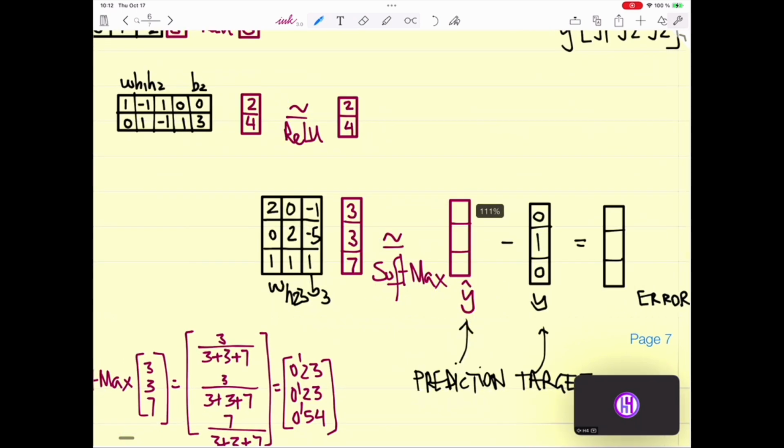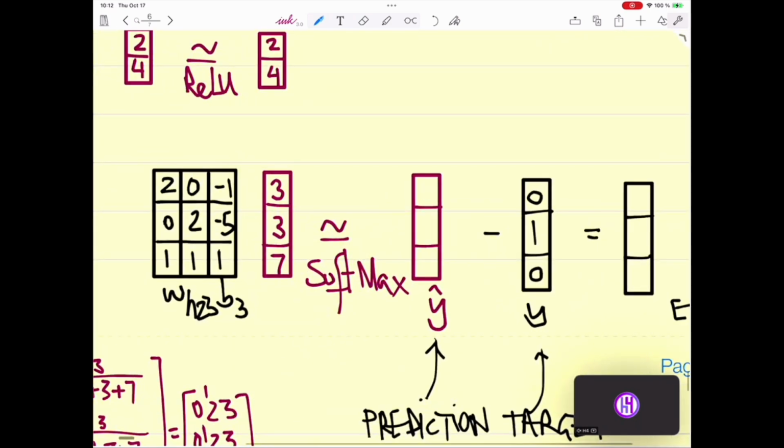Okay, so this is the vector that we inject here. 0.23, 0.23, 0.54.